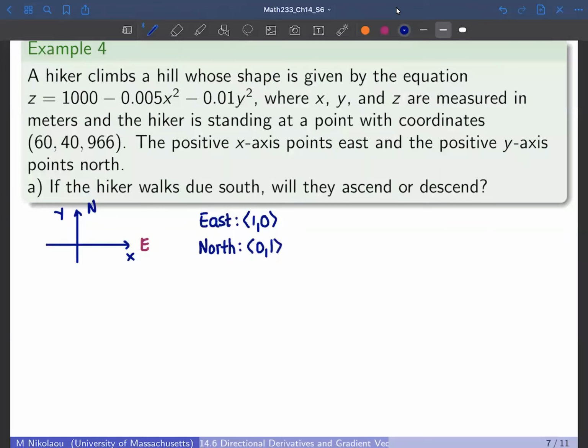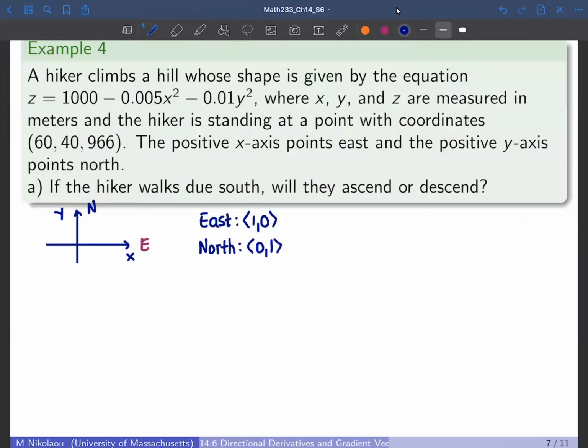These are just two of the vectors that we can use to represent these directions, but there are many different vectors. And we are asked, if the hiker walks due south, will they ascend or descend?